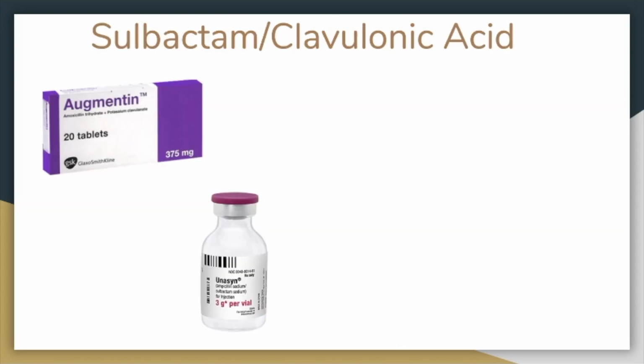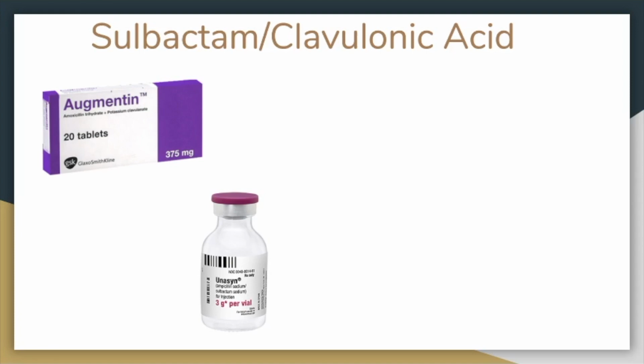All right, however, ampicillin and amoxicillin are still susceptible to beta-lactamase producing bacteria. So we decided to overcome that. So how do we overcome it? For amoxicillin, you add clavulanic acid to make Augmentin. That's the brand name.